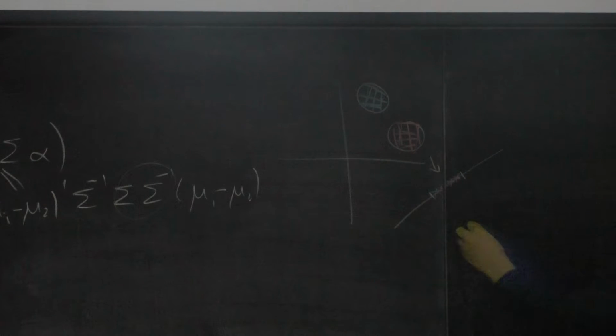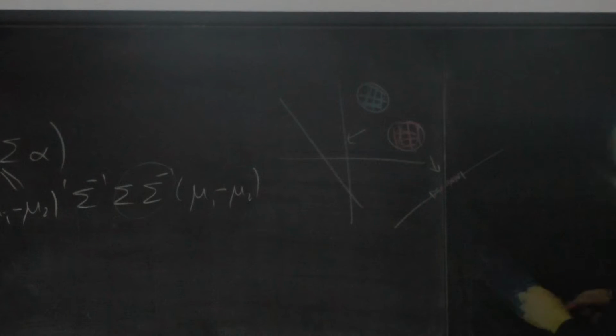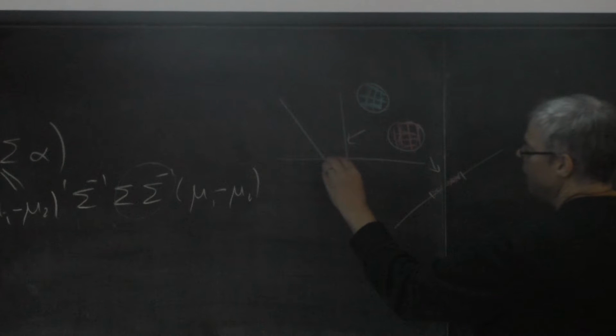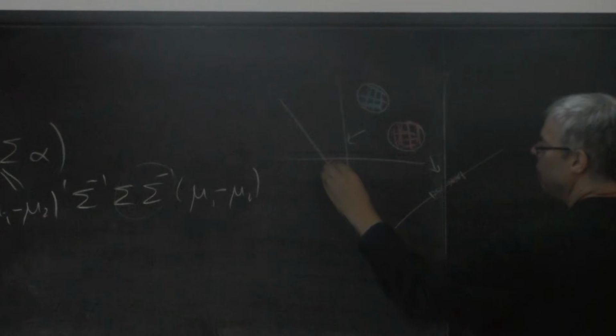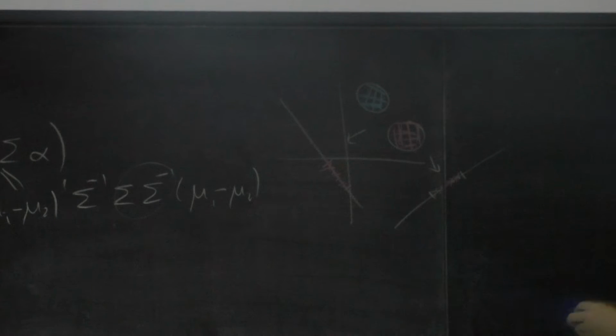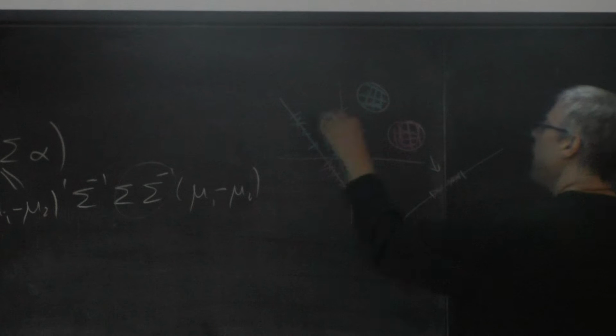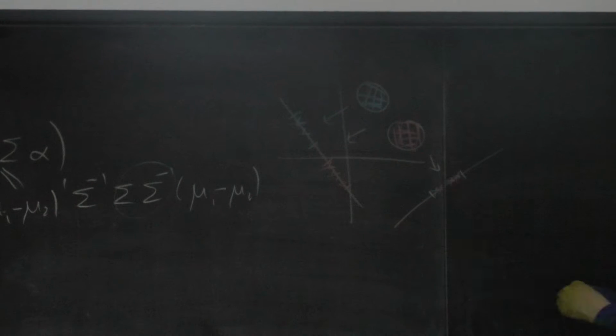If we project onto this line, though, something much nicer will happen. All our red points are going to go into one place, and all our blue points into another one. And clearly those are much more separated.